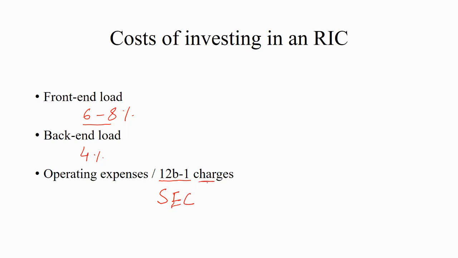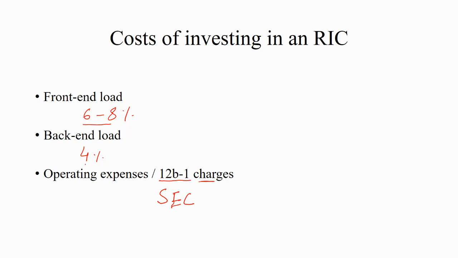And it is mainly related to the costs of advertisement and promotion of the investment companies, their brochures, prospectus, and all the printing costs. Now, some of the authors categorize operating expenses and these charges separately, but 12B1 charges are actually part of the operating expenses because advertisement and promotional expenses are part of operating expenses. So I have considered these charges the same as the operating expenses.